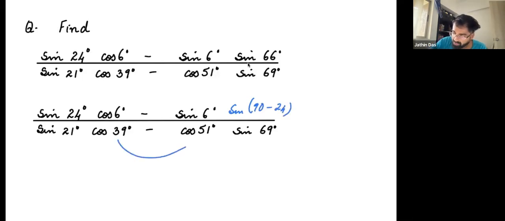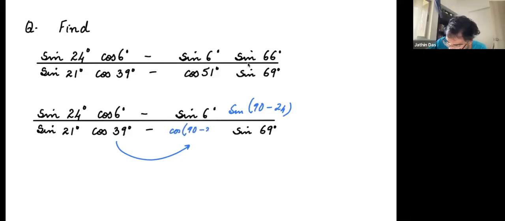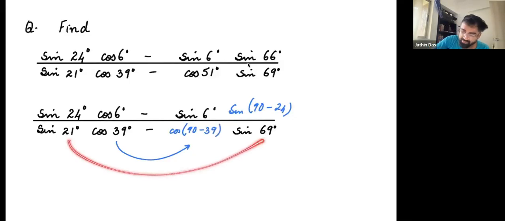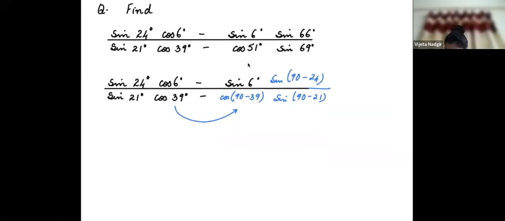Now here 39 and 51 are complementary, if you know it. Cos 51 I can write as cos 90 minus 39. And 69 and 21 are also complementary, so sine 69 is sine 90 minus 21.